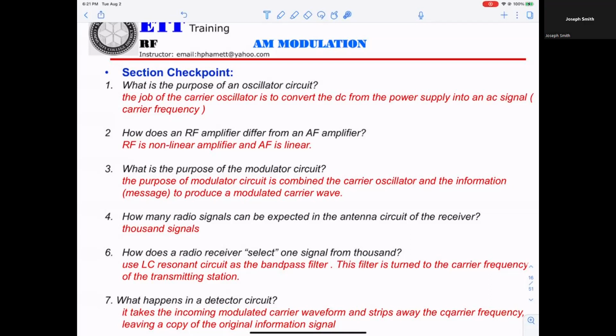If at resonance, what do you get? Okay, if I could just go back to 4 for a second. You have a bunch of signals coming in on the antenna. Then down to number 6, with all those things coming in, you have to use the resonant frequency to fine tune so that you get what you really want.